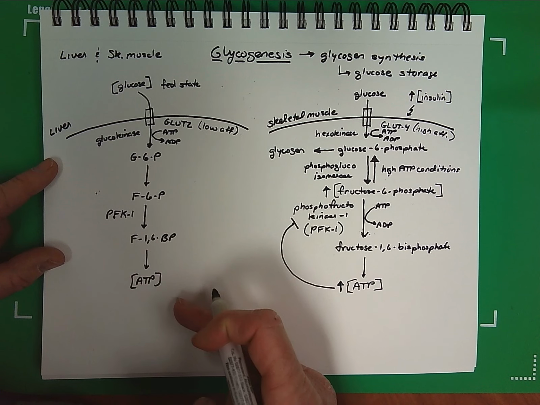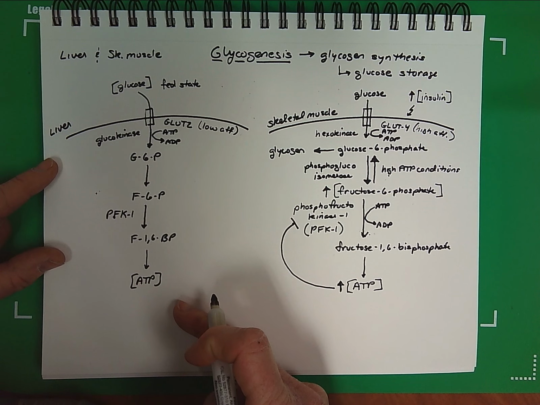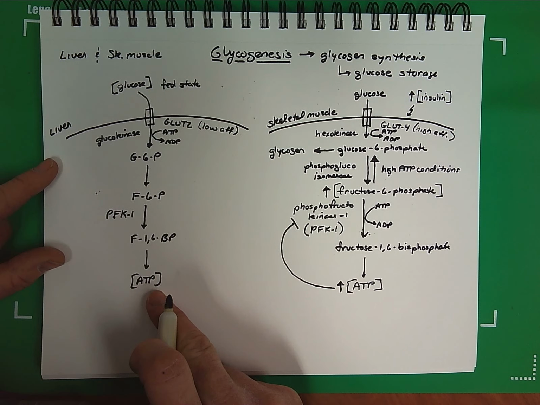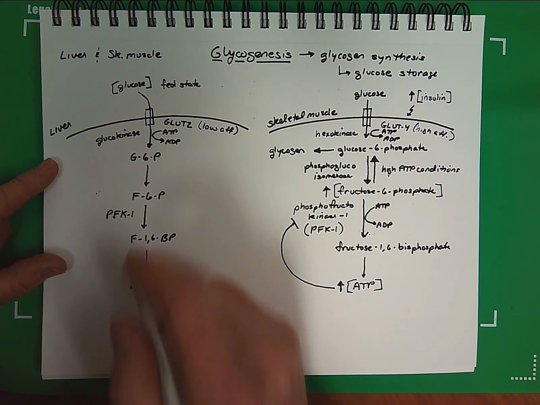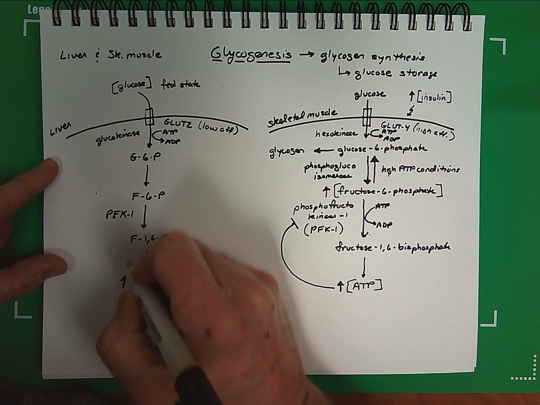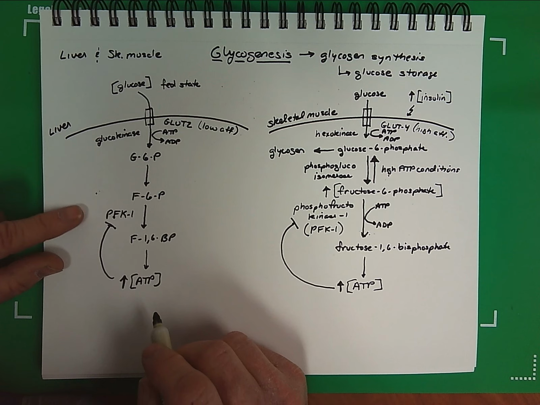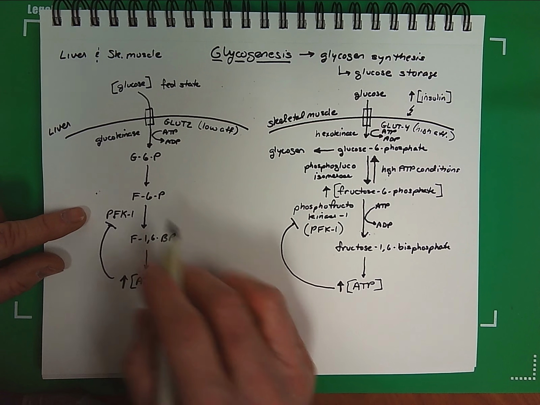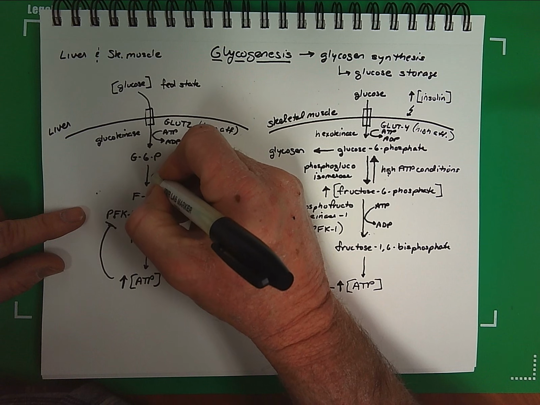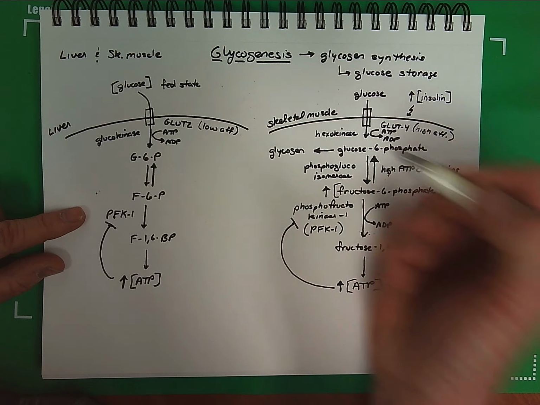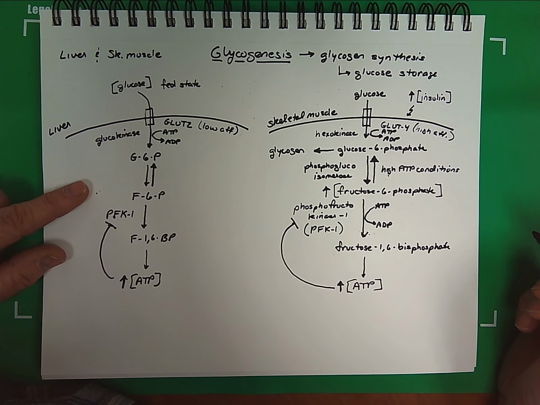We continue primarily through glycolysis, generating ATP beyond the TCA cycle and oxidative phosphorylation, and when these concentrations rise sufficiently, we inhibit PFK1. By inhibiting PFK1, we take advantage of the reversibility of the phosphoglucoisomerase enzyme.